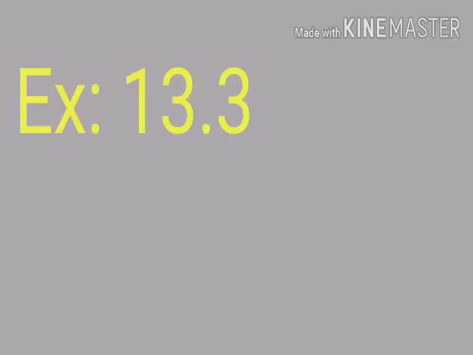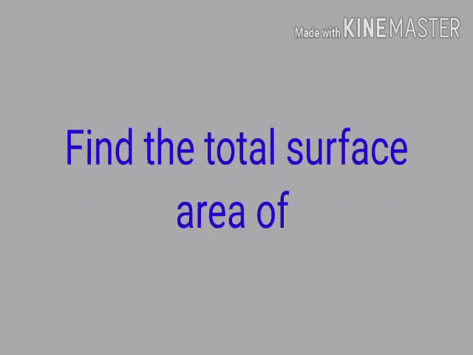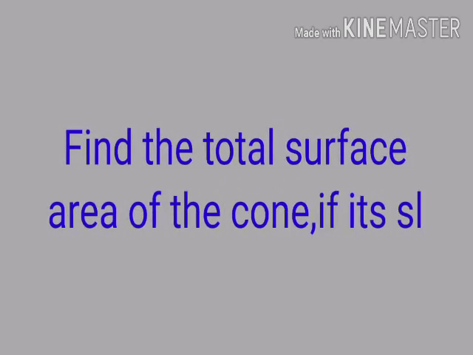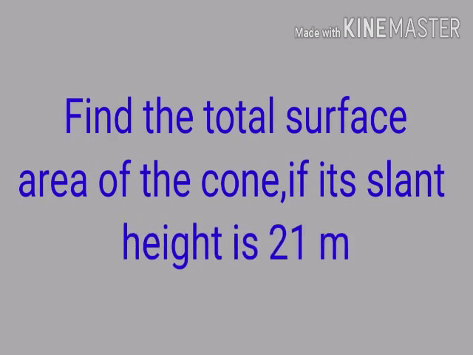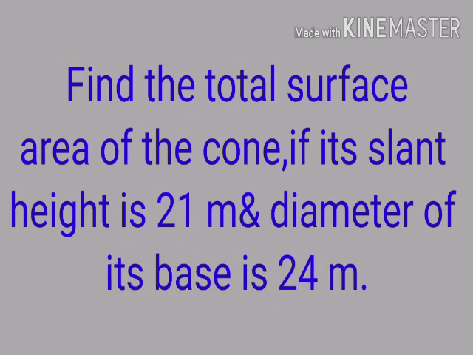Now exercise 13.3, question number 2. Find the total surface area of a cone if its slant height is 21 meter and diameter of its base is 24 meter. Here slant height is given as 21 meter, diameter is given as 24 meter, and we have to find the total surface area of the cone.